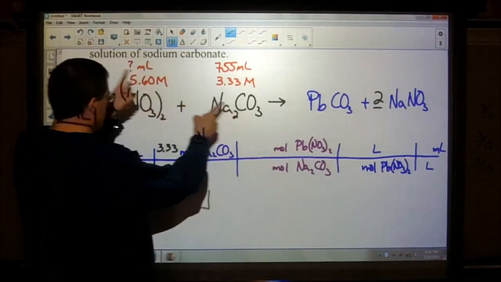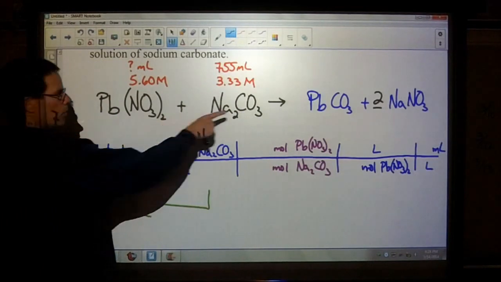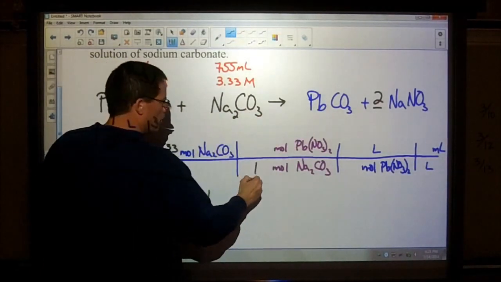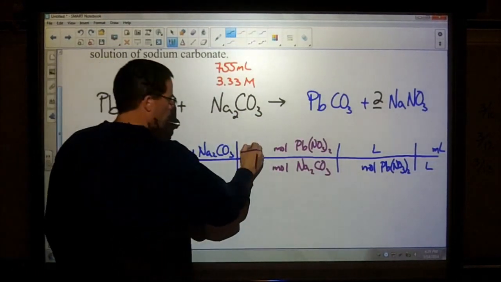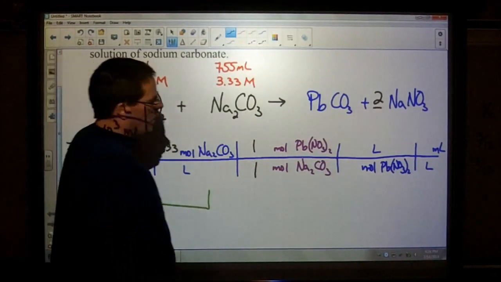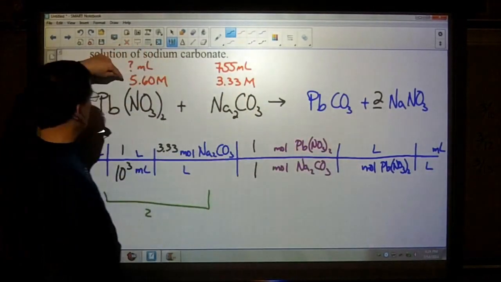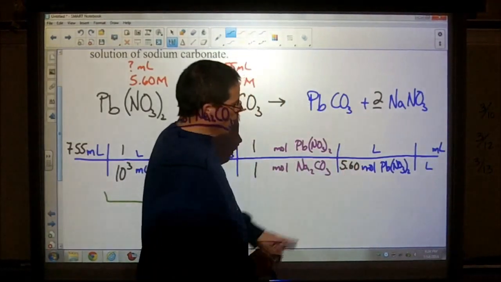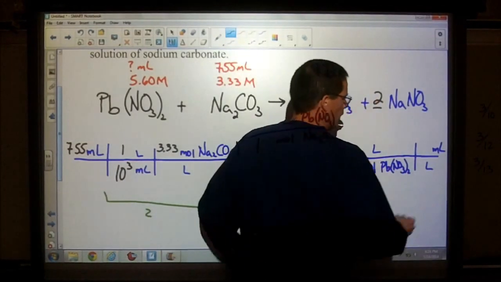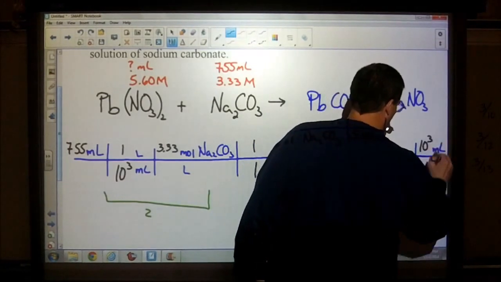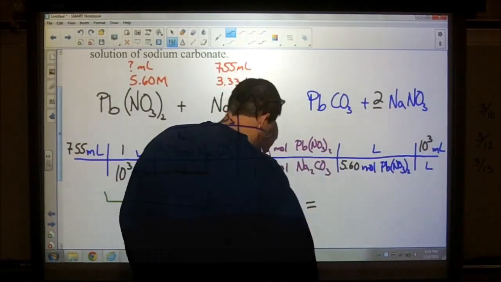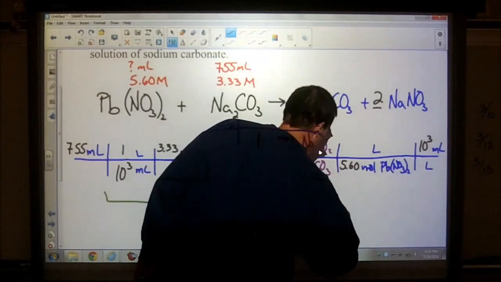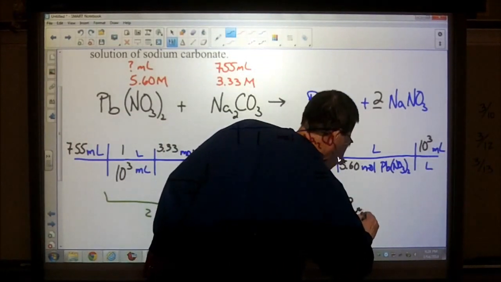From the mole ratio, carbonate, oh, that's a 1. Lead nitrate is also a 1. That's a bummer. Our molarity from here is 5.6. And then the last step is, which is bigger, a liter or milliliter? And then let's solve. So 449 milliliters.